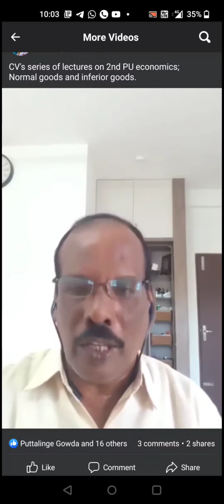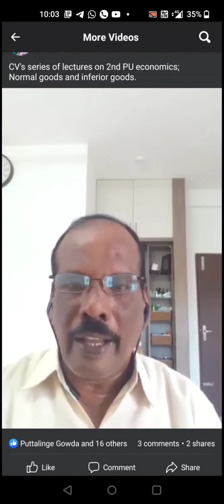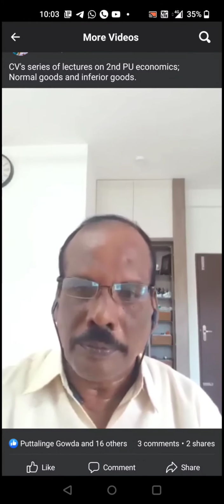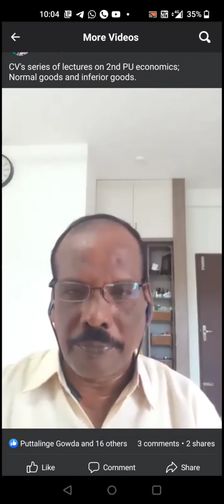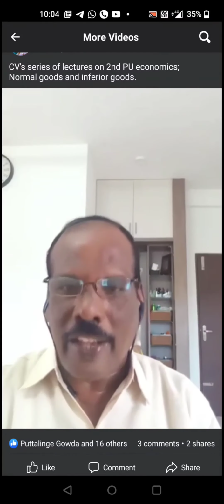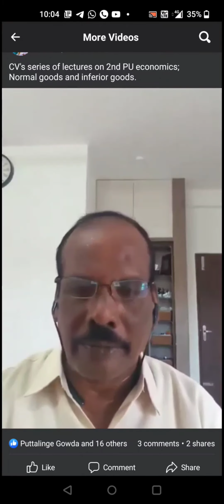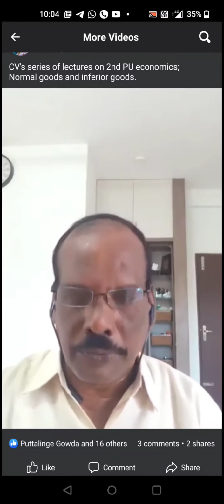And these goods are also called Giffen goods because an Irish economist by name Giffen proved that the law of demand can be defeated. In his example, he says that the law of demand does not operate. He gives his own examples.